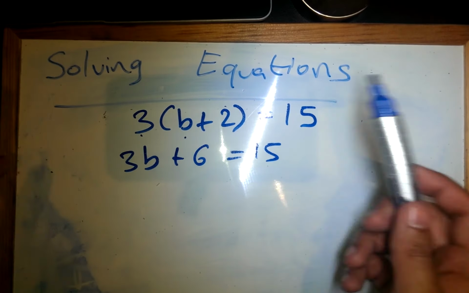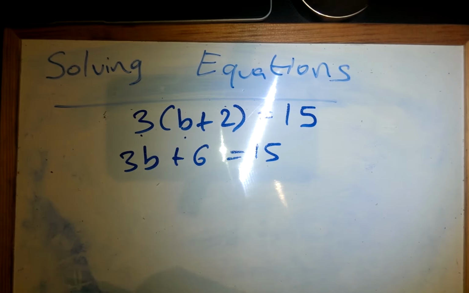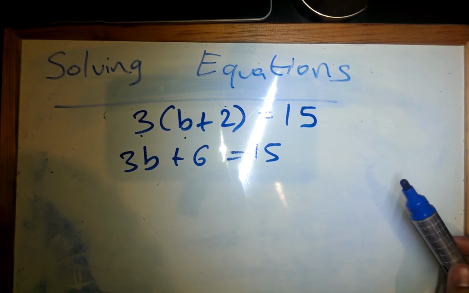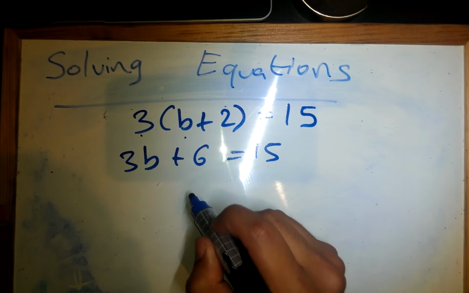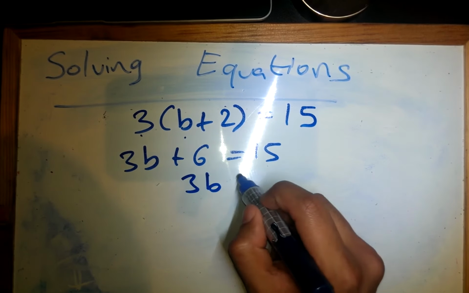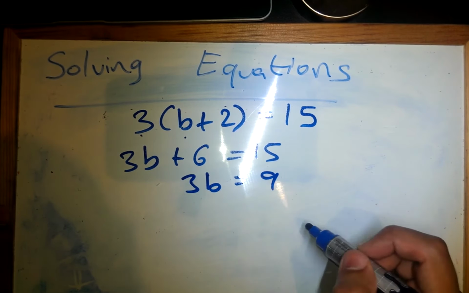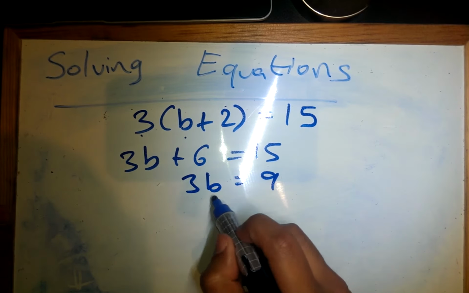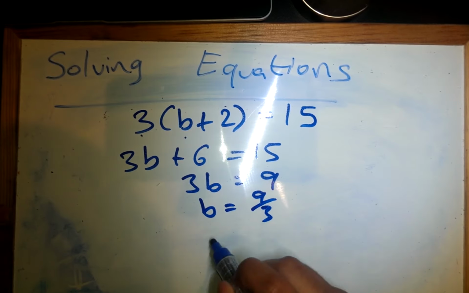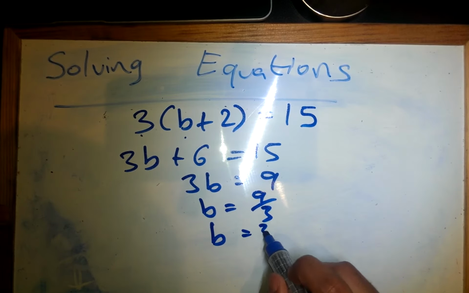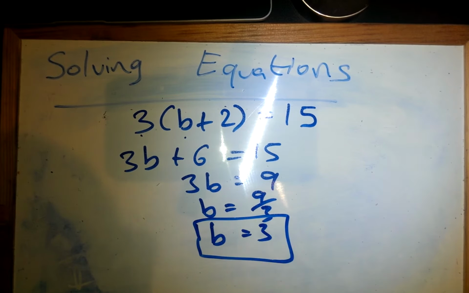Once we get rid of all these brackets and these other things that might put you off, we can see underneath it's quite a simple problem, whereby if we minus 6 from both sides, we get that 9, and that's 3 times b. So to get b by itself, divide by 3 on both sides, b equals 3.